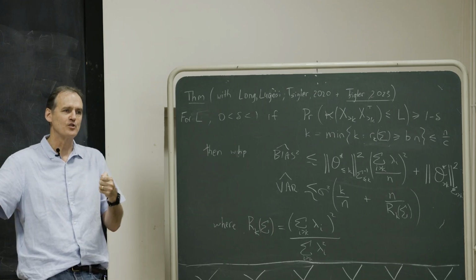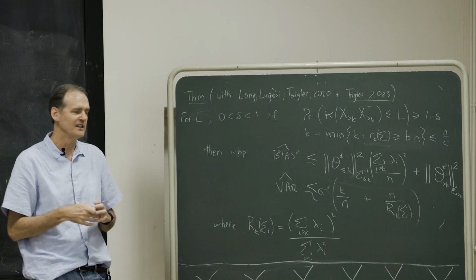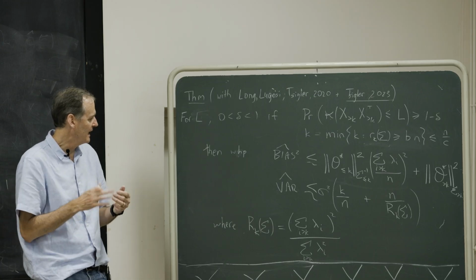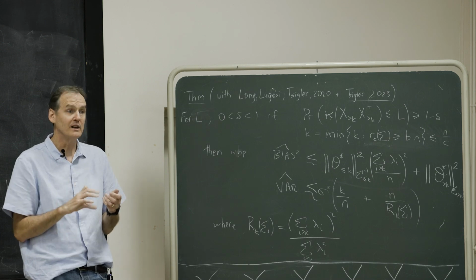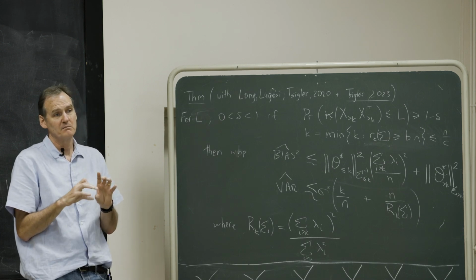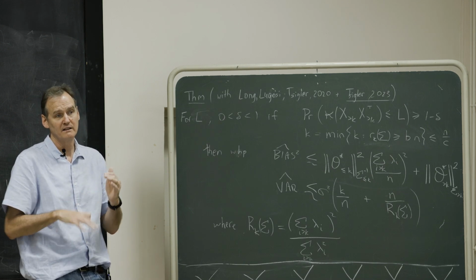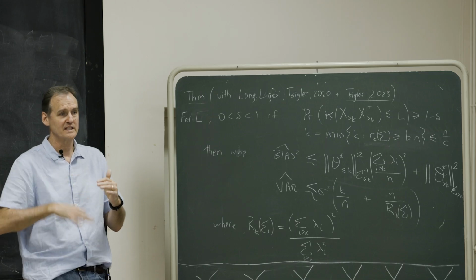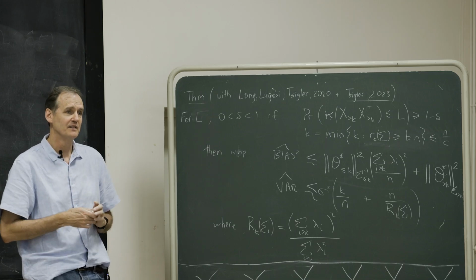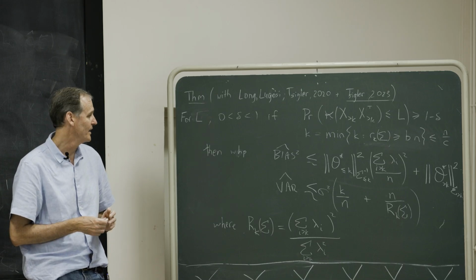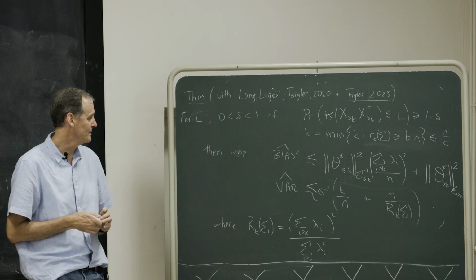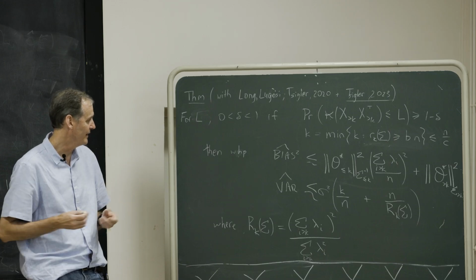If they're more asymmetric, then it could be something that's much smaller than the rank. But it fits in between those extremes. It's up to the rank of the tail.